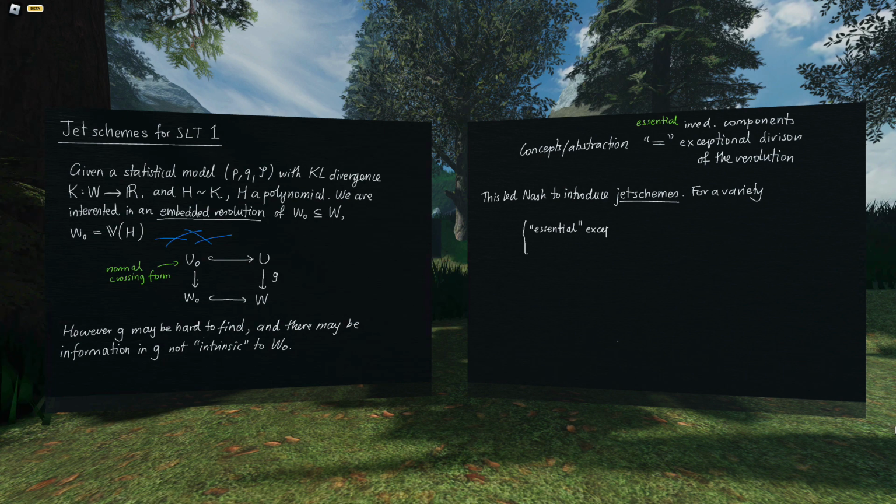Okay, so what did Nash do? Well, it's a little awkward because I'm going to state a version which is not about embedded resolutions. So let me back up a bit.